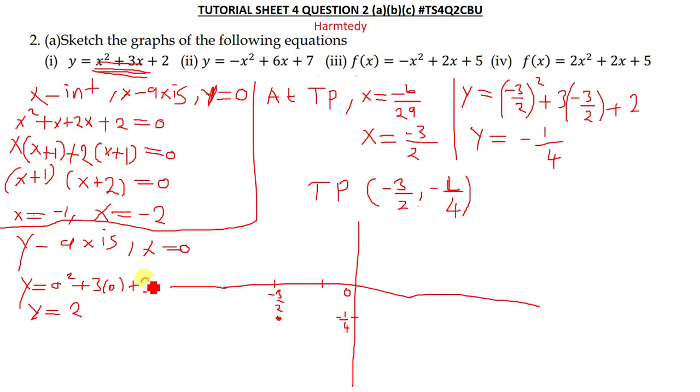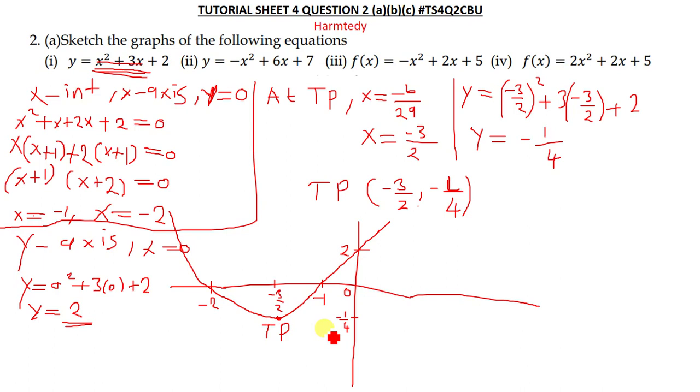Then it's cutting the x-axis at negative 1 and negative 2. So this is my negative 1, and then this is my negative 2. I'm going to sketch my curve like that. It passes through my turning point, goes up like that, then ends there. At the point where it cuts the y-axis, that's my y-intercept, which is 2.